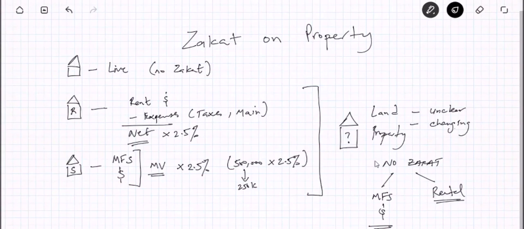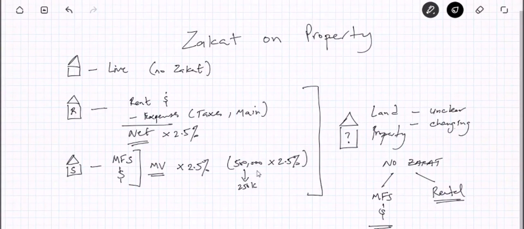So this is the simplest way of looking at property. If you live in it, no zakat. If you're renting it, take the net rent times 2.5%. If it's sold and you have access to the cash, you pay 2.5% on all of that cash. If it's marked for sale, then the value of that times 2.5%.